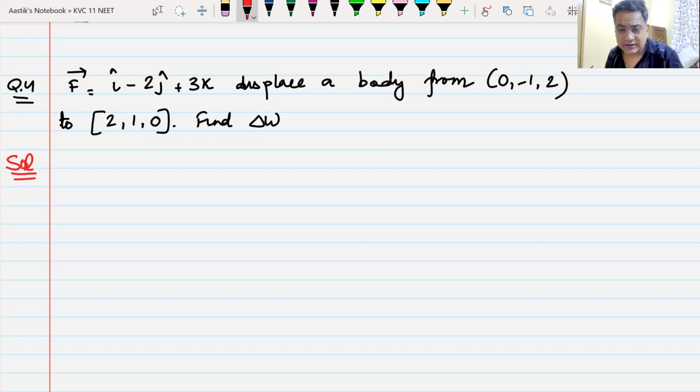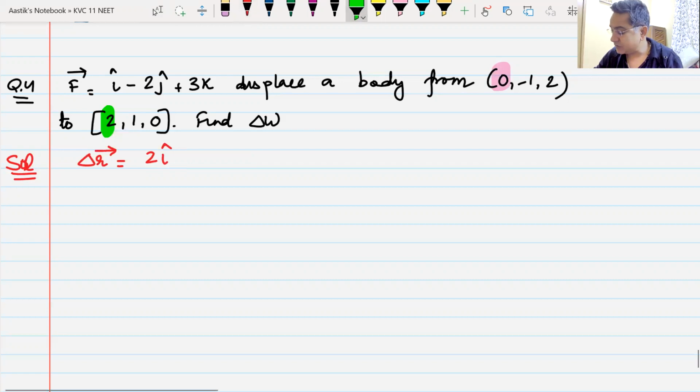You have to look at the initial position and you have to look at the final position. For the x coordinate, the initial position is 0 and the final position is 2. So you have to subtract 0 from 2. Let me write it. The displacement will be 2 minus 0. This is 2i.